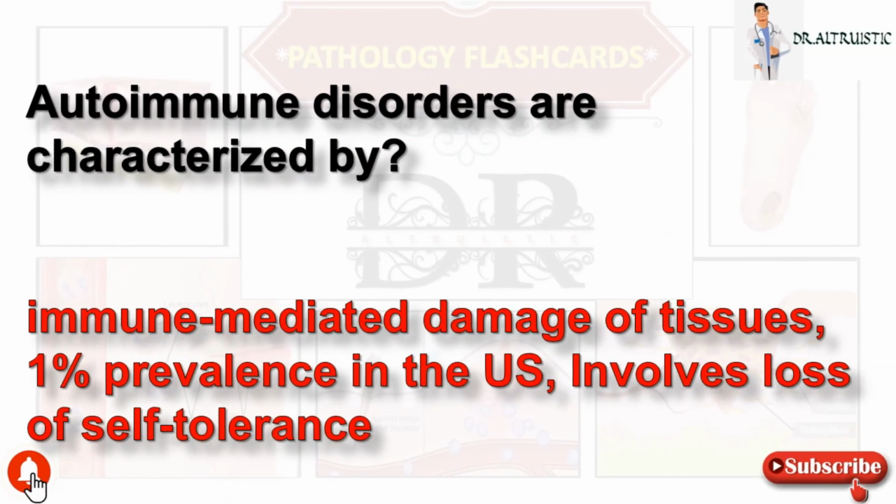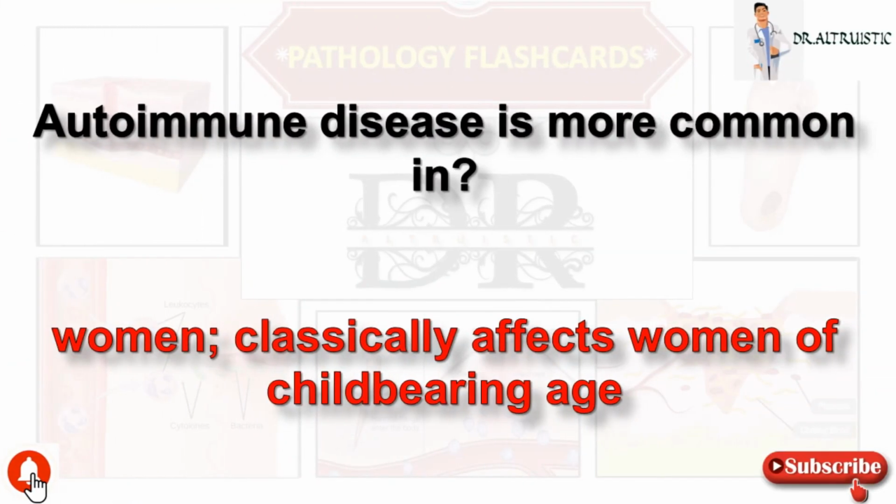Autoimmune disorders are characterized by immune-mediated damage of tissues, 1% prevalence in the U.S., involves loss of self-tolerance. Autoimmune disease is more common in women, classically affects women of childbearing age.